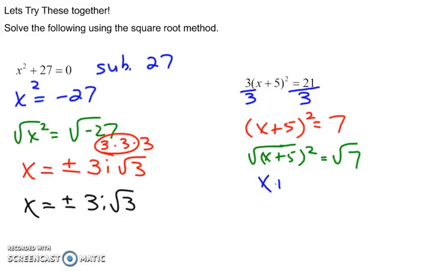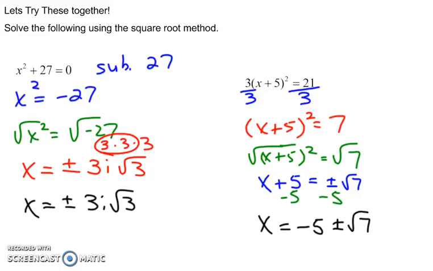We'll pull the x plus 5, and that's equal to plus or minus square root of 7, because that cannot be simplified. Our last step is to simply subtract 5 from both sides. So my answer is going to be x is equal to negative 5 plus or minus the square root of 7.